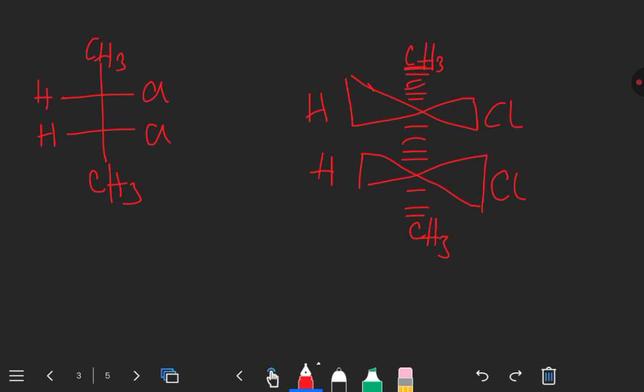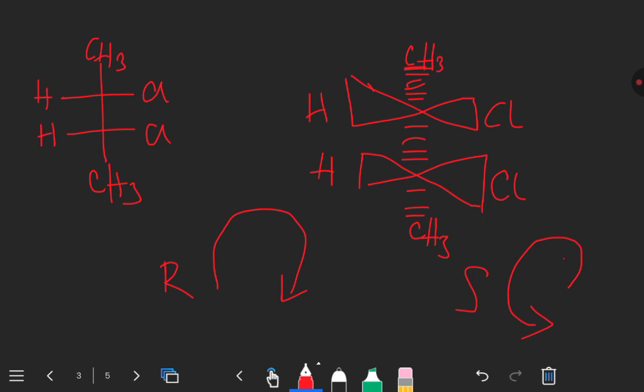One thing you must understand is that R configuration is clockwise. If you're moving in a clockwise manner, it is R. Then S configuration is anti-clockwise.